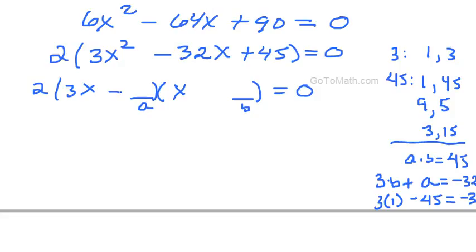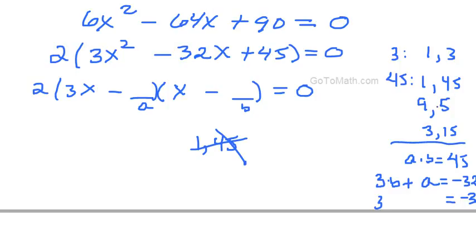I should have seen that. So that's not going to work, and we can cross 1 and 45 off the list.